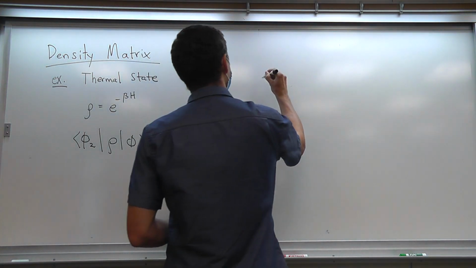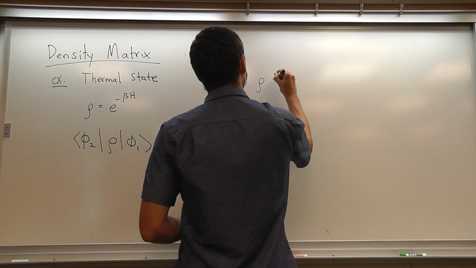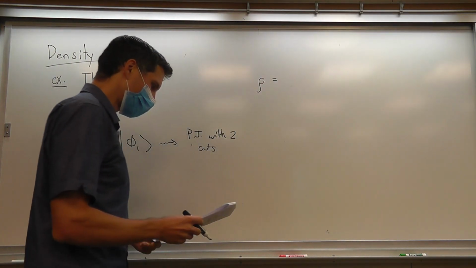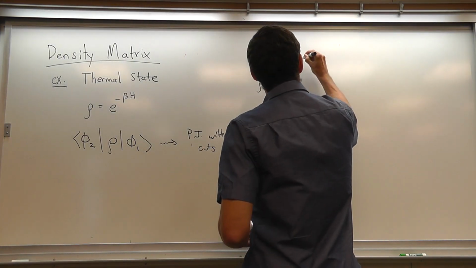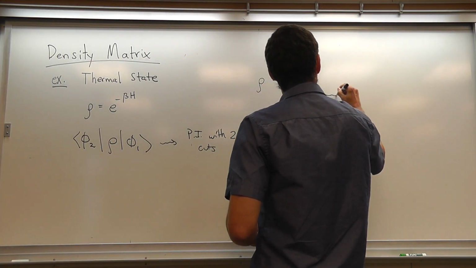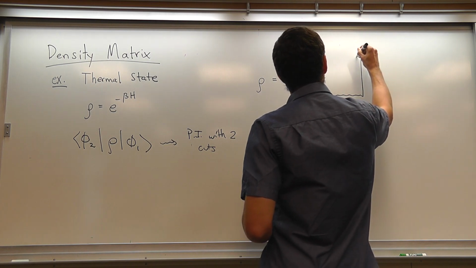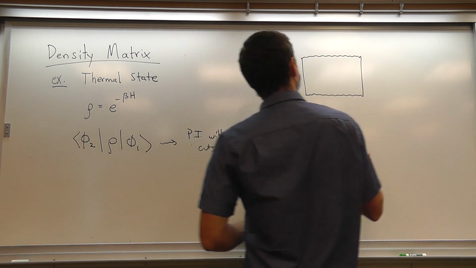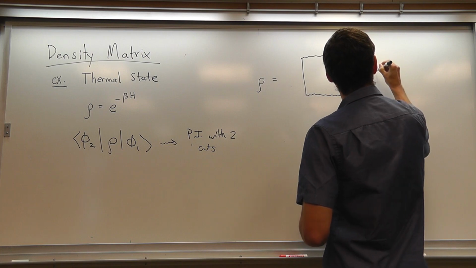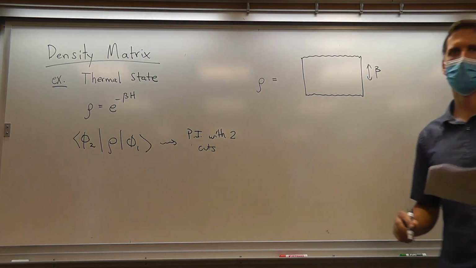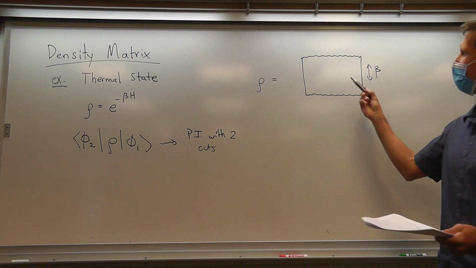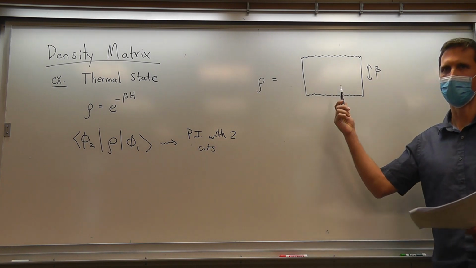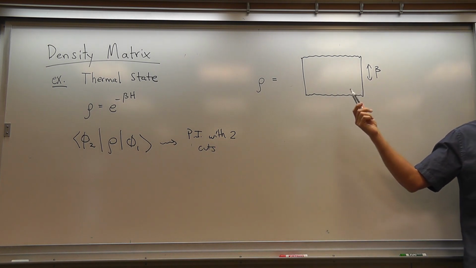And the thermal density matrix is actually the simplest path integral, and it's one that we sort of already talked about. It's just the path integral on a strip of size beta. Because we already discussed the matrix elements of this operator.